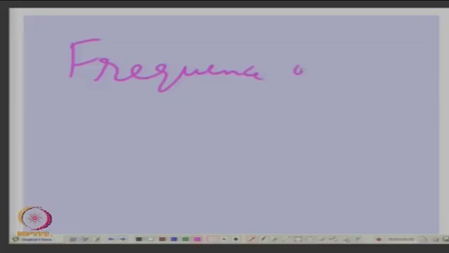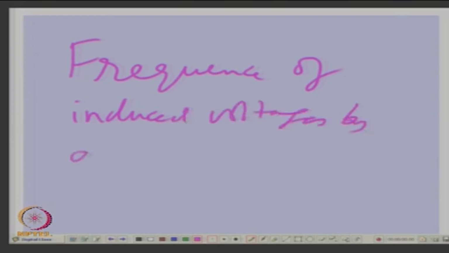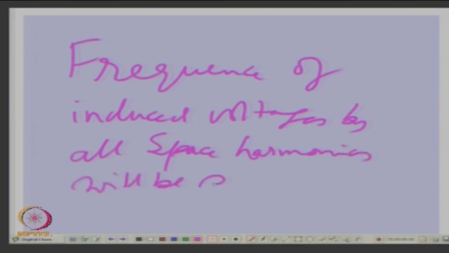So, the important thing is the frequency of induced voltages by all space harmonics will be the same, and that is the same as F, the fundamental frequency at which you are exciting the winding.